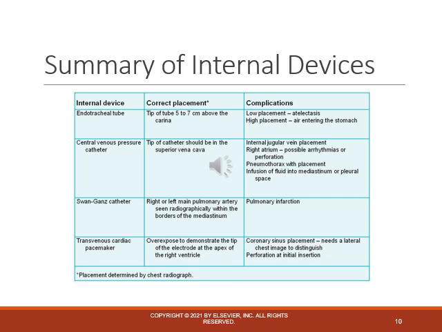Now, with a transvenous cardiac pacemaker, sometimes we need to actually overexpose the image to try and identify the tip of the electrode, and we should be seeing those electrode tips at the right ventricle. If this is improperly placed, those tips can go through the right ventricle and actually exit into the cardiac blood flow and be noted in the coronary sinus of the heart.